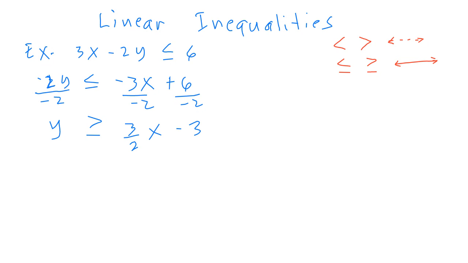Okay, so treat the whole inequality as an equation so you can plot the graph. Here 3 over 2 is our m, that's our slope, and negative 3 is our y-intercept. So that's from the previous slope formulas that we had. Okay, so let's make a graph.